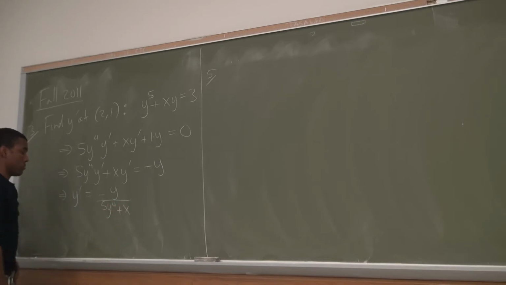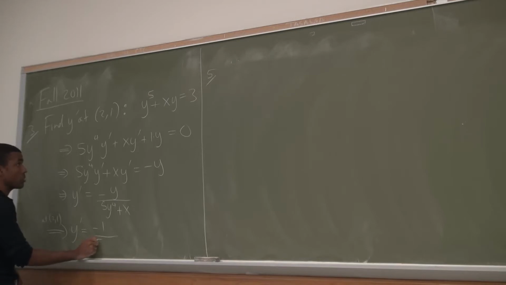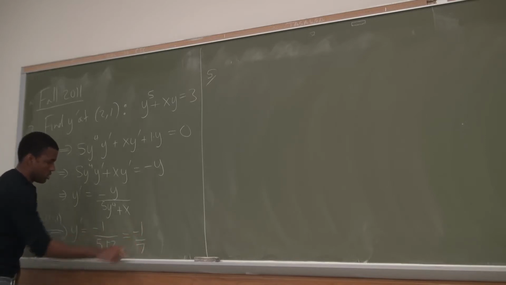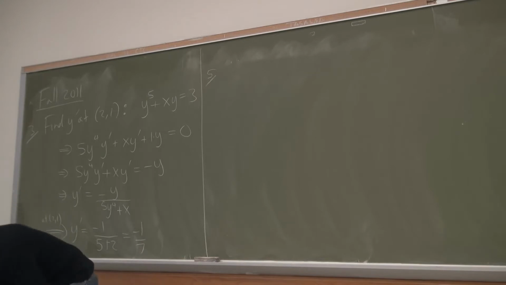Then you plug in the limits. You get y prime equal to negative 1 over 5 times 1 to the 4th, plus 2. So you get negative 1. Okay, that's it. Yes.